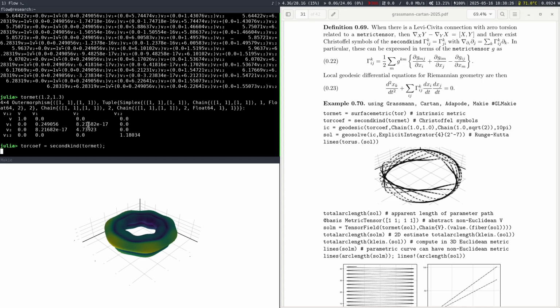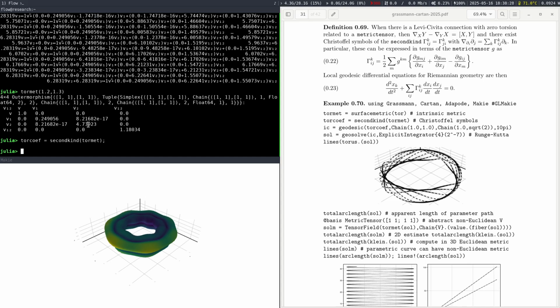And then this calculates the Christoffel symbols of the second kind.